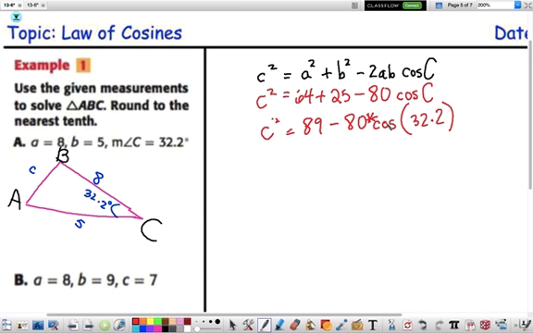21.3. And since at the end we're going to be rounding to the nearest tenth, all of our intermediary steps we should probably round to hundredths or thousandths. Either one is fine. I'm going to round to thousandths. c squared is 21.305.